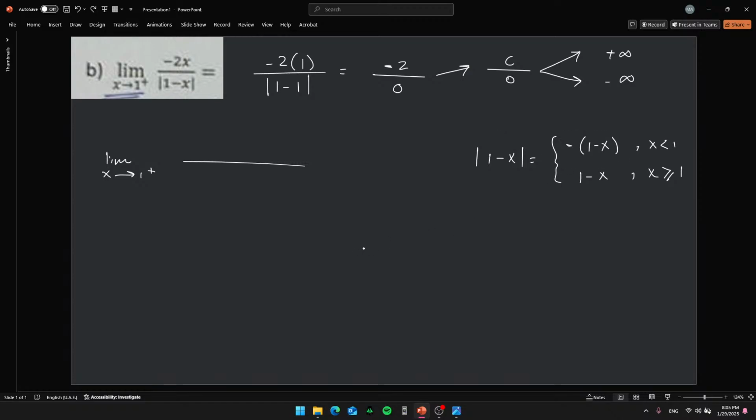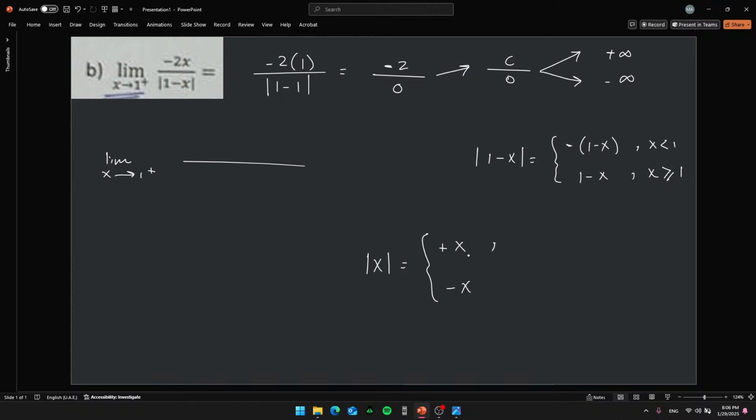Now when rewriting absolute value functions, we just multiply by the sign of the absolute value function. So in this case it's positive, so positive x, and for the bottom function we just flip the sign, so negative x.